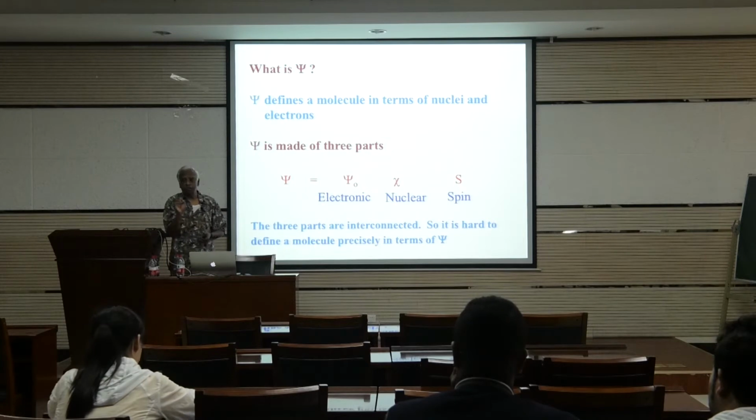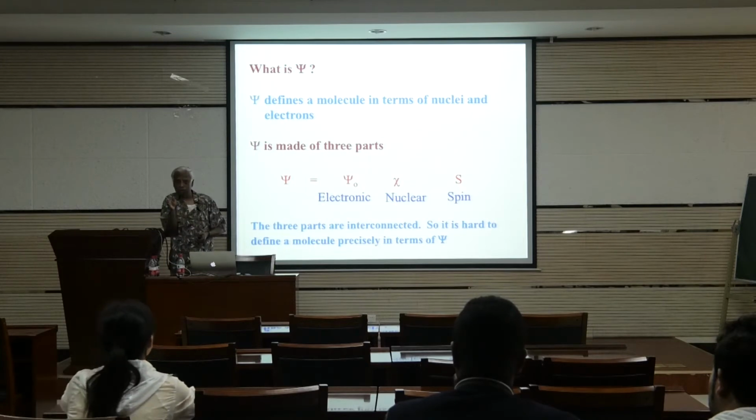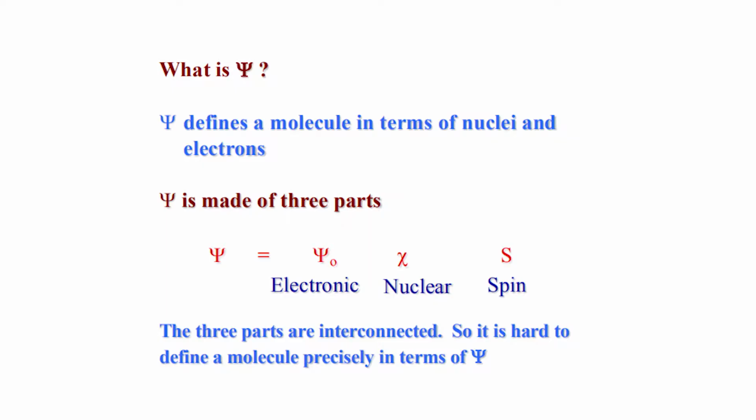So if you want to understand, you separate each one. For example, you can split the psi into smaller pieces. This psi 0 talks only about electronic configurations, this one talks about the nuclear positions in a molecule, and this one talks about spin.